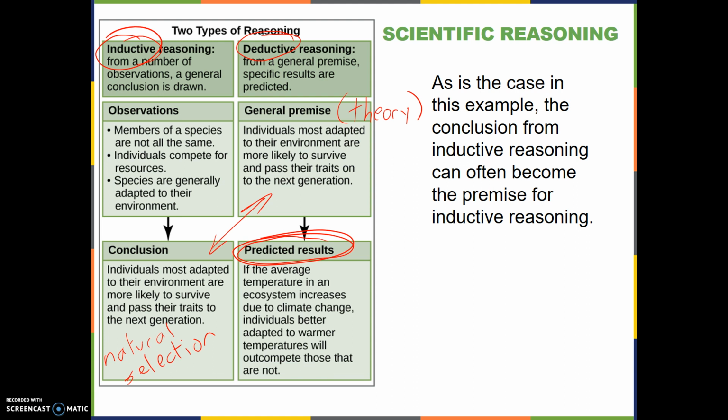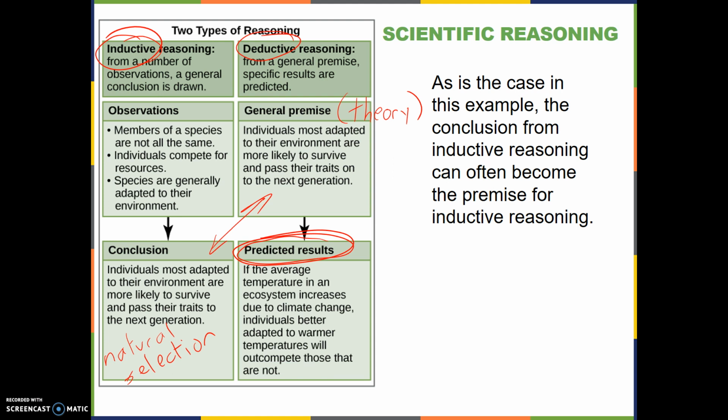More than likely, these predicted results would come true if the climate changed and the average temperature went up for a period of time. Then you would see species changing and adapting.